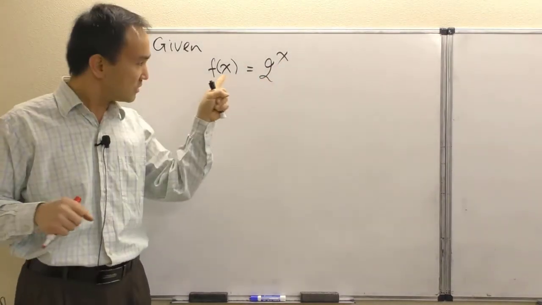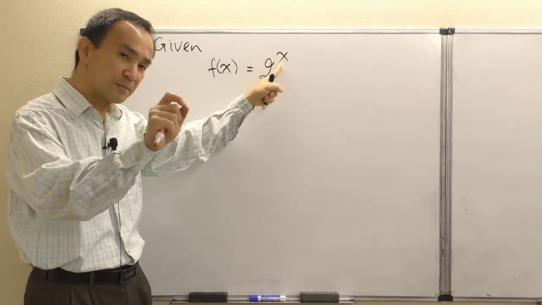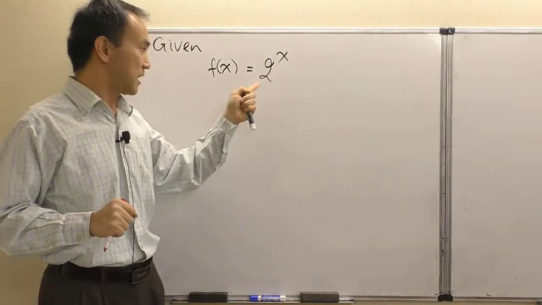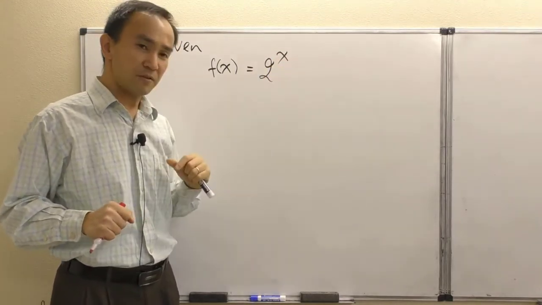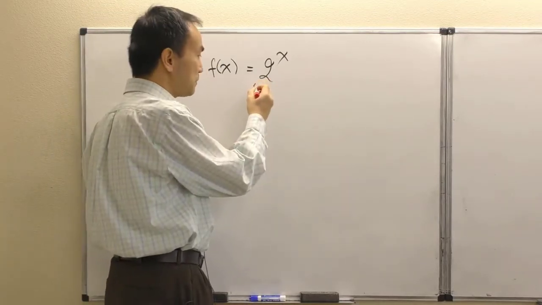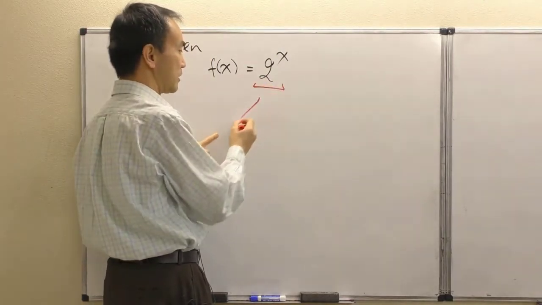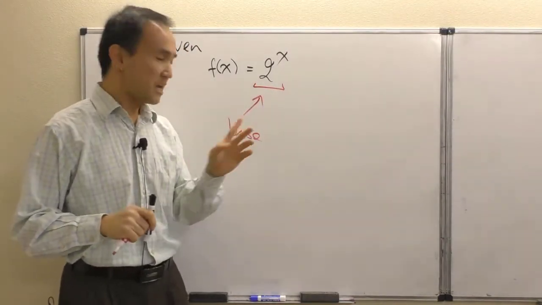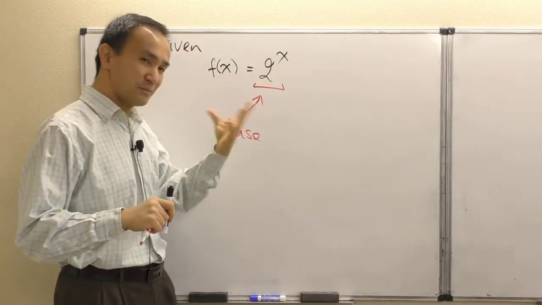In this rule, the input is playing the role of the exponent, or power. And as for the terminology I was about to point out, this bigger number over here, the number 2, is regarded as the base. So the base here is 2.